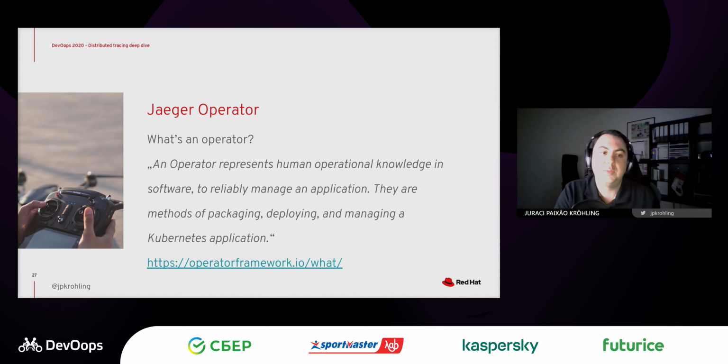So the collection of a deployment, a service, an ingress, config maps, and so on and so forth, they all form a Kubernetes application. So an operator, translating this into other words, is a piece of software that knows how to operate, or how to package, deploy, and maintain our business applications in the context of Kubernetes.